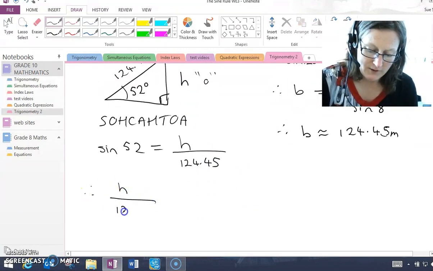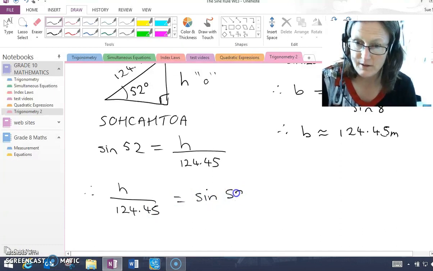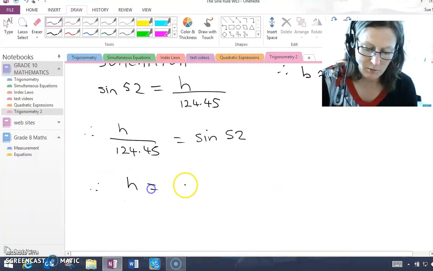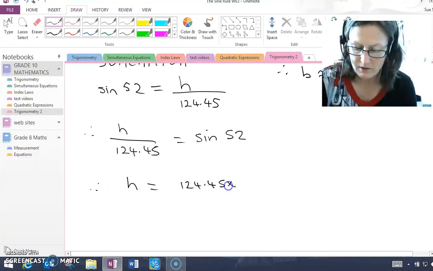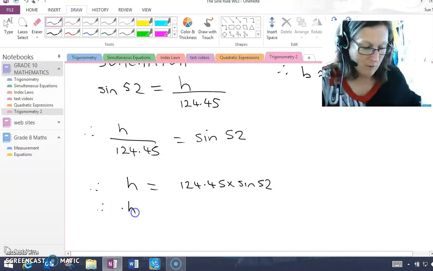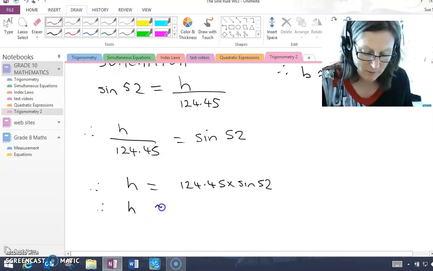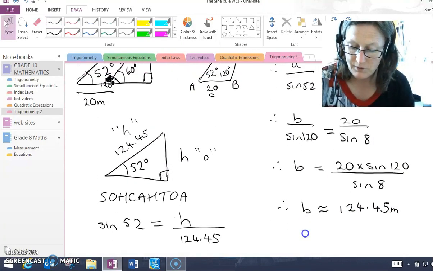You don't have to do this, but a few of you like to swap the sides around to give us the unknown on the left hand side. And then we want to find h, so we bring the 124.45 over to the other side and we times it by sine 52. You then put that into your calculator and it is approximately 98.07 metres. So we've found h.